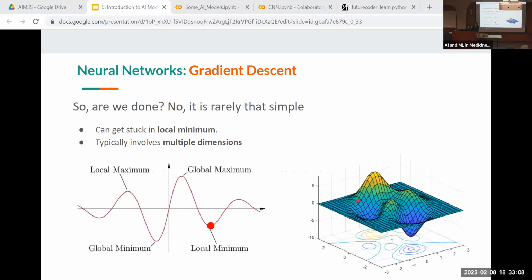But it's not always that easy, because the algorithm that I talked about might sometimes get stuck in a local minimum. Our goal is to find the minimum value for the loss function that we have chosen, but sometimes the loss function might be more complex, and we might get stuck in a place where we don't want to be.